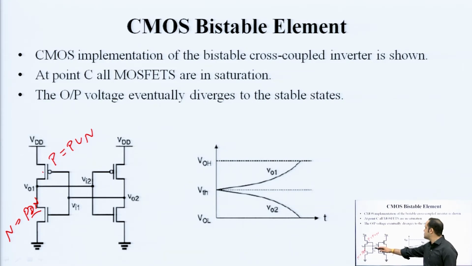That output gets transmitted to another inverter, and the output of that circuit goes to the input of the first circuit. If you see the output 1 and output 2, the outputs of the first and second inverters, they diverge to the stable states, either a stable 1 or a stable 0. VOH is the output high level, VOL is the output low level.